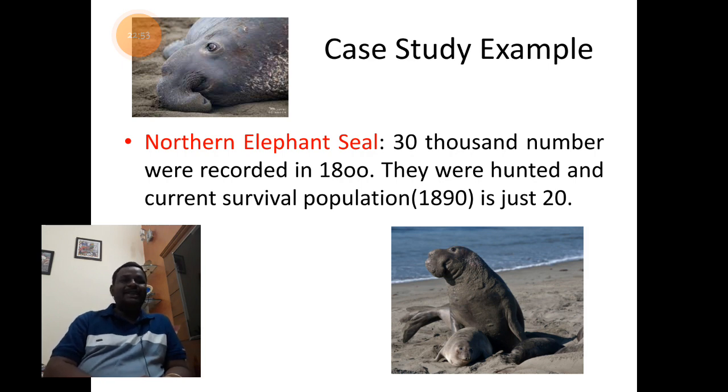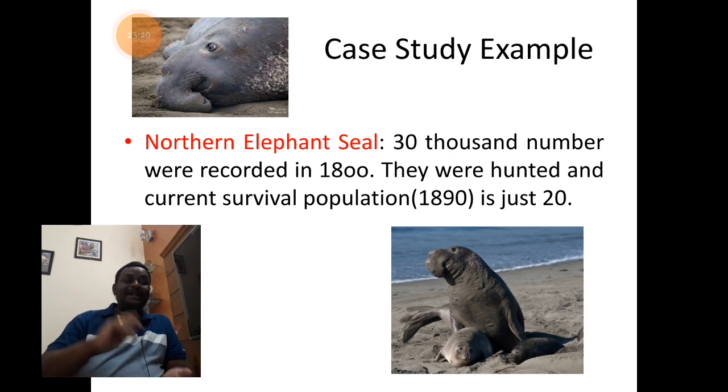So we call it the northern elephant seal. In the 18th century, their number was 30,000, but in the 1890s, the number was just 20. The 30,000 in a span of 90 years has reduced to 20.